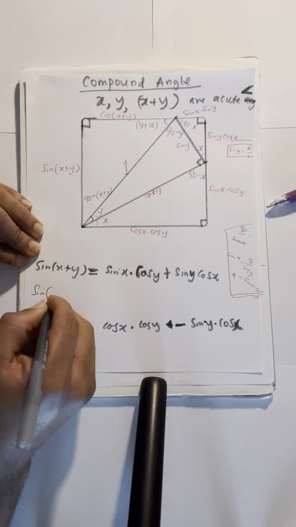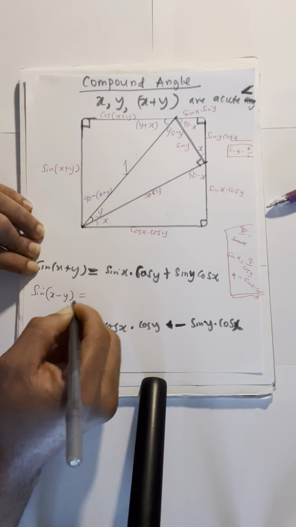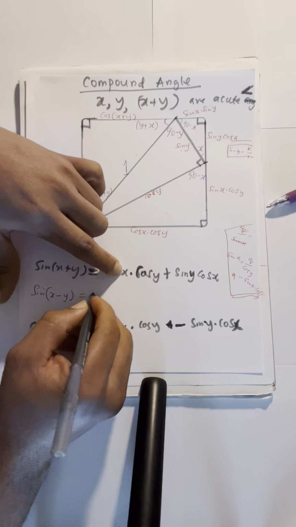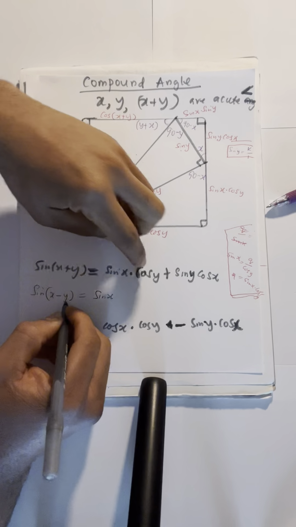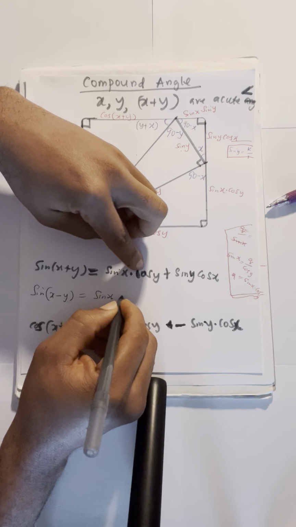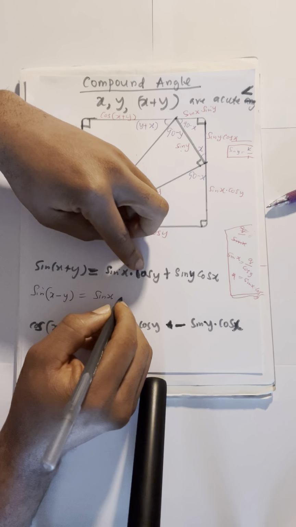What would we have? We'll have sine of x minus y is equal to, if I put in x here, I will still have the same thing, sine x. If I put in minus y in this cos function, I will still have cos y, the same thing as cos of minus y, because cos is even. So I will still have cos y here.